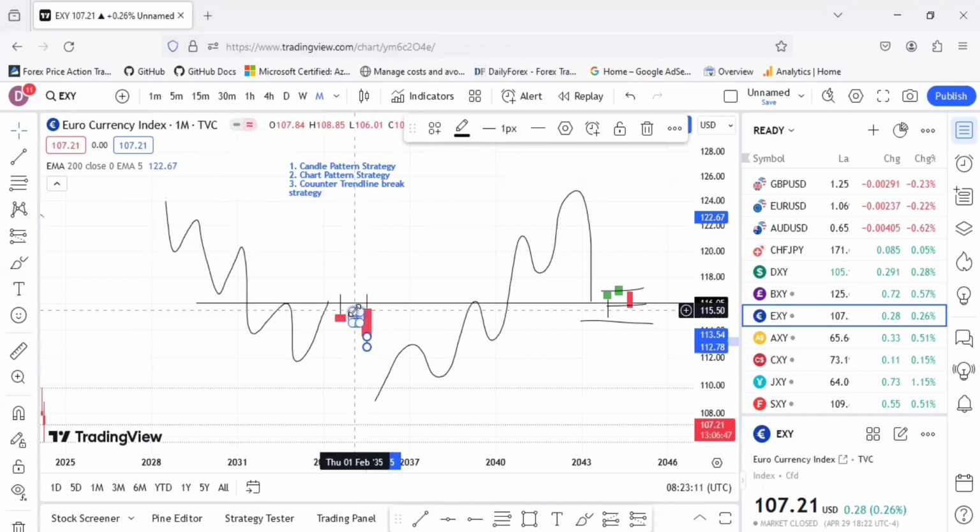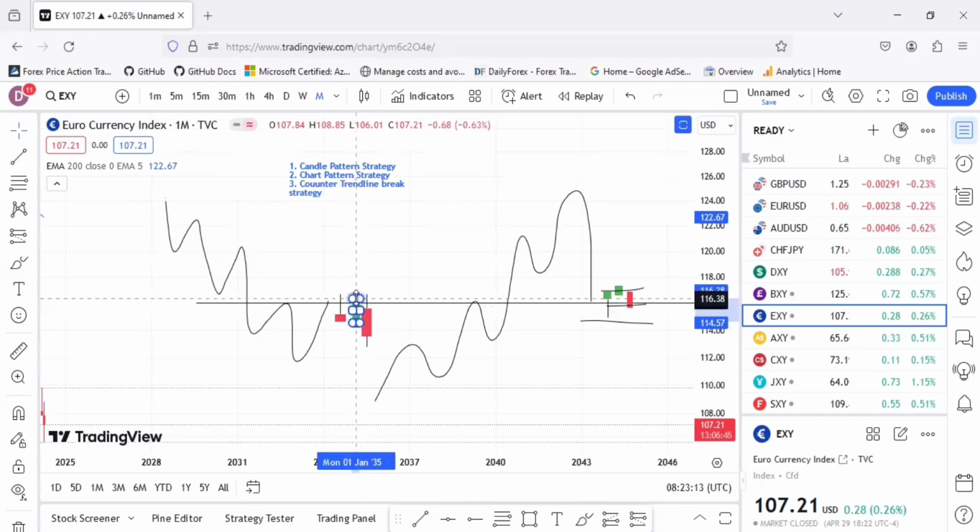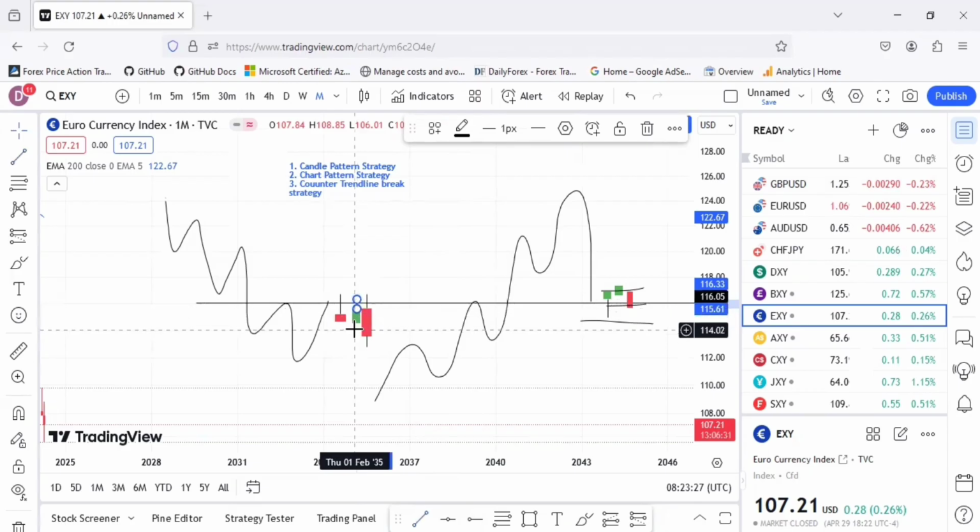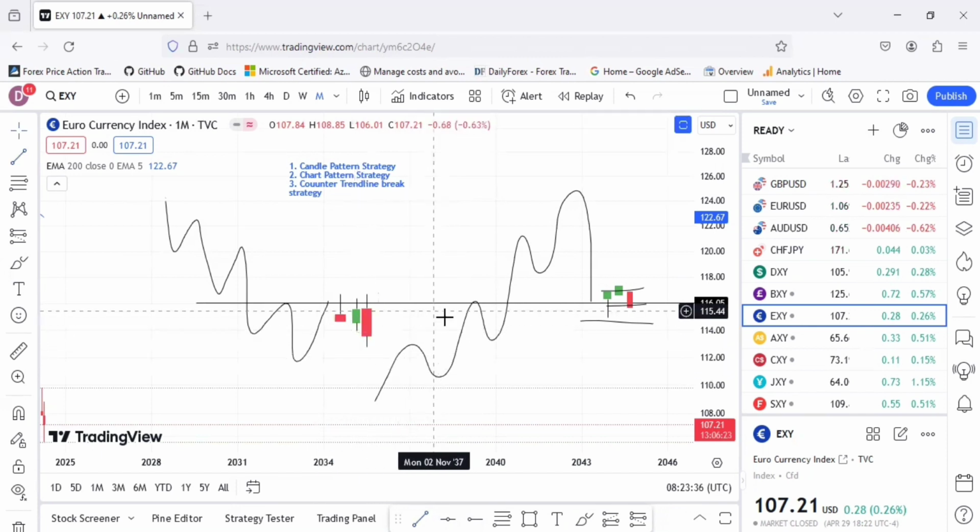So I'm still going to show us all this on the screen, but I want us to have a perfect understanding first, before we go to the screen. So this is a perfect example of an engulfing.